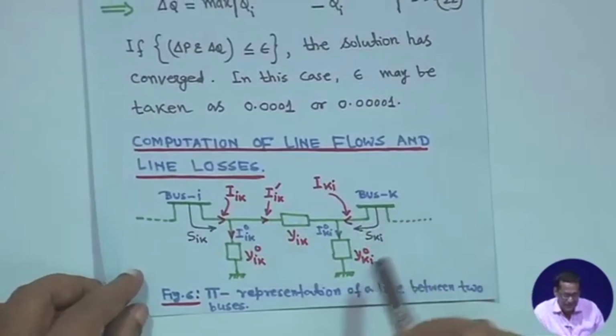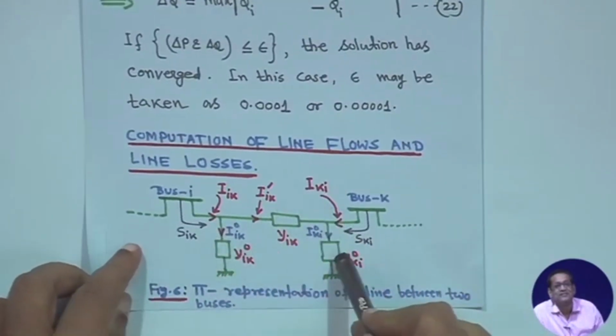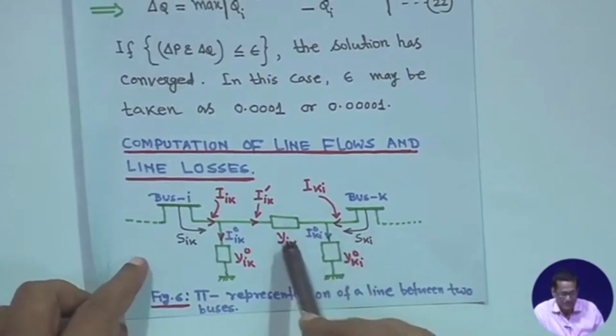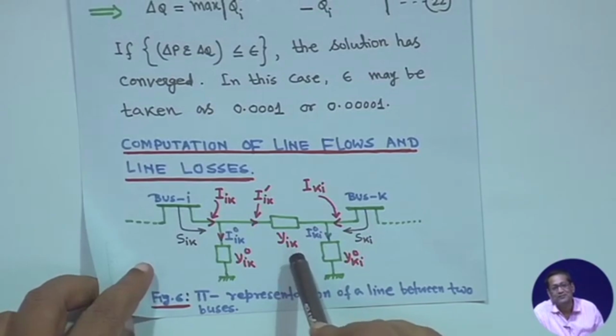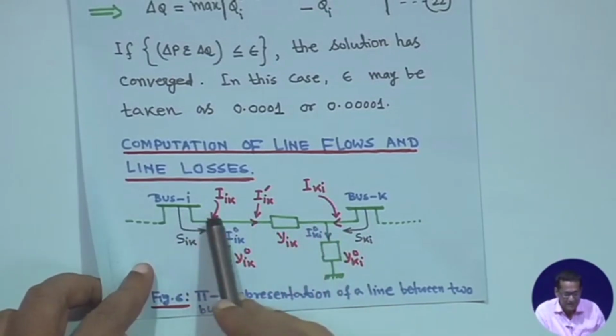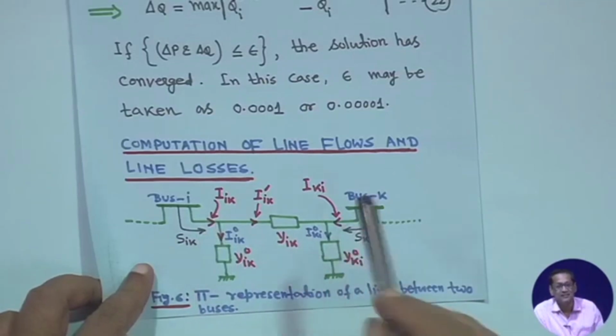This is the pi representation of a line between bus i and bus k, which you have seen already, but here we represent it by the line admittance y i k instead of impedance, showing I i k on this side and I k i on that side.